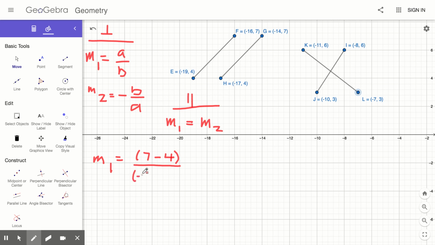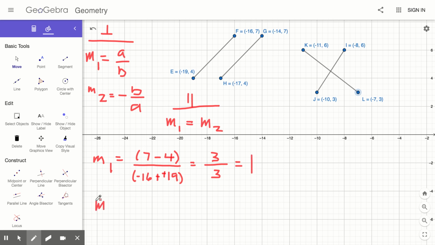So we have negative 16 minus a negative 19, right? Negative 19 is going to turn into a positive. So then we have 3 divided by 3, right? Which will give us 1.